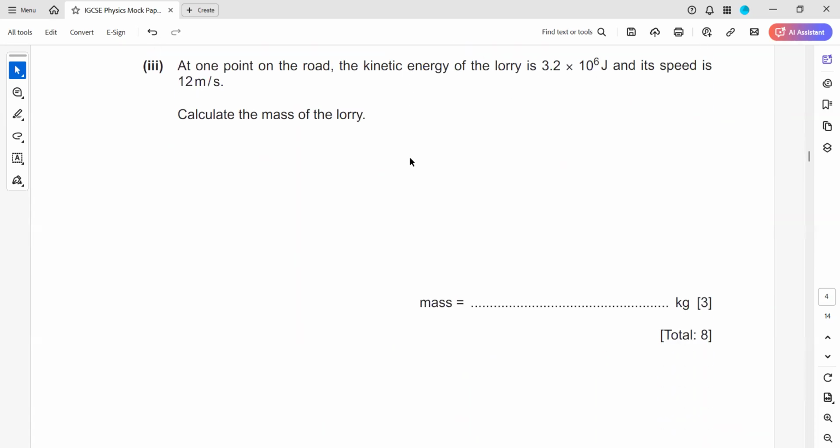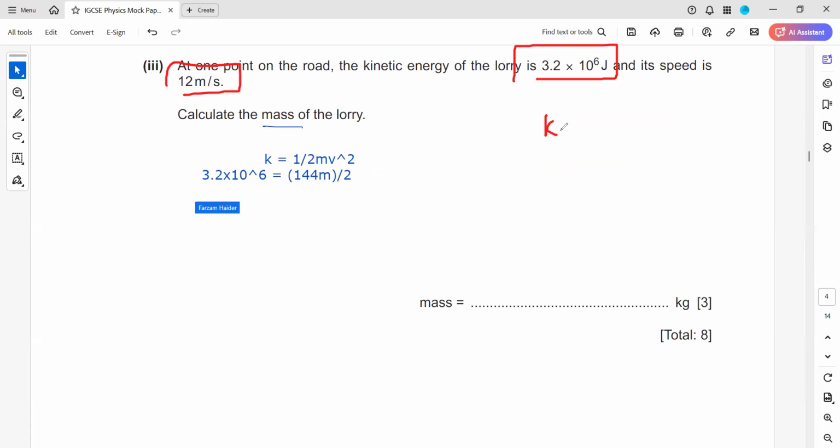Now, at a point on the road, the kinetic energy of the lorry is 3.2 exponent 6 joules and the speed is 12. Calculate the mass of the lorry. You have to use kinetic energy equals half mv squared.